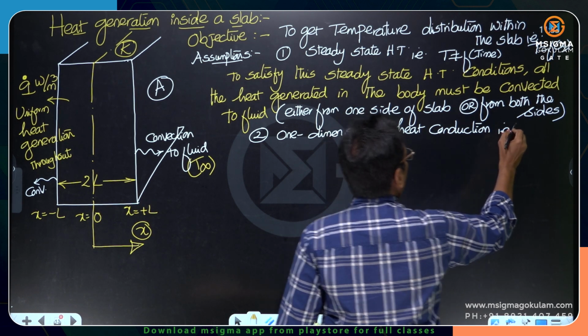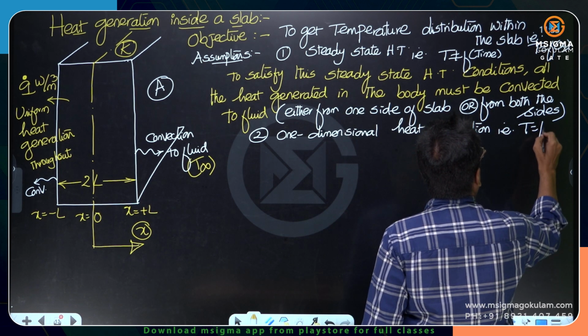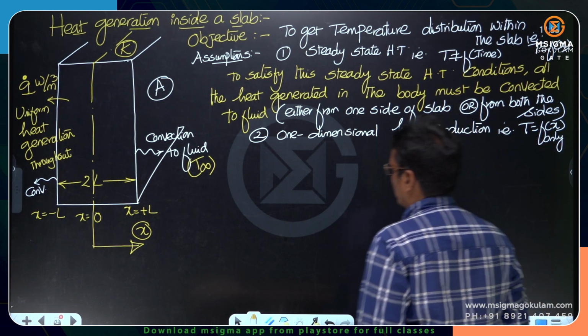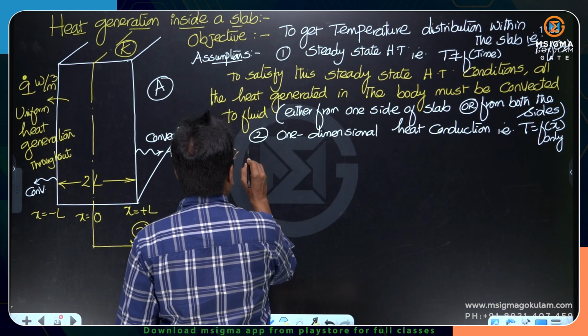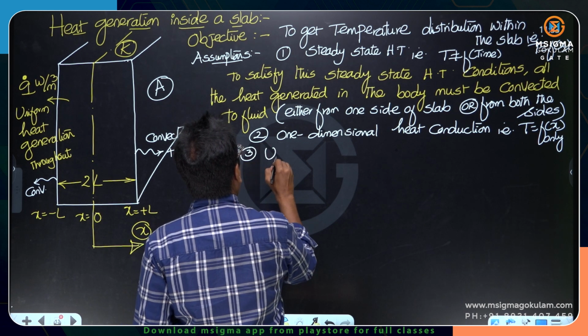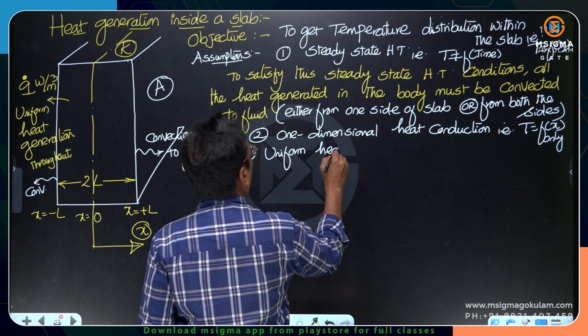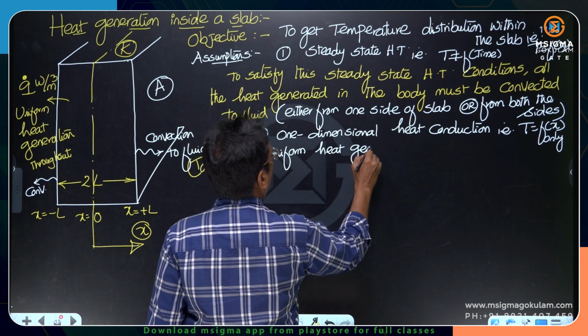That is, T is a function of x only. Number 3, uniform heat generation. Q dot is constant.